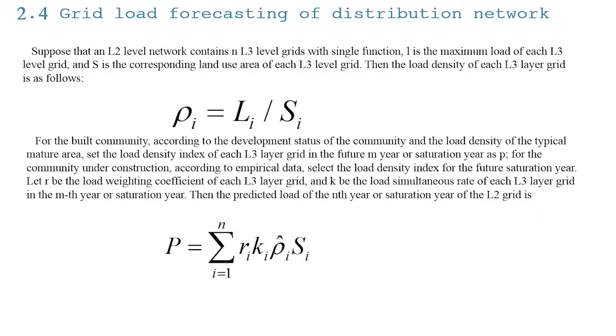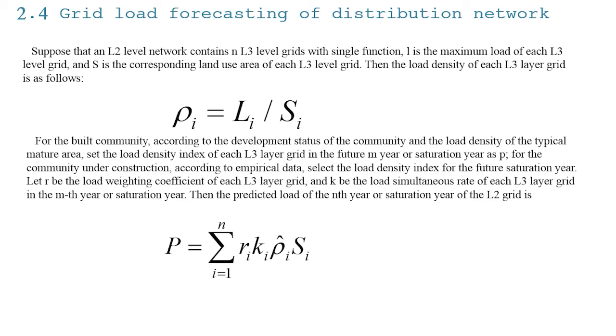Suppose that an L2 level network contains n L3 level grades with single function. L is the maximum load of each L3 level grade, and S is the corresponding land use area of each L3 level grade. Then the load density of each L3 layer grade is as follows.